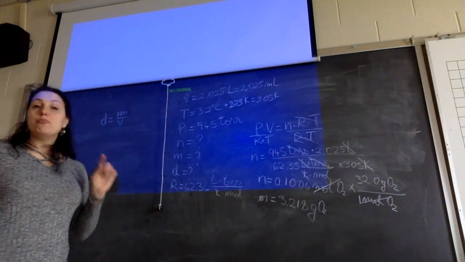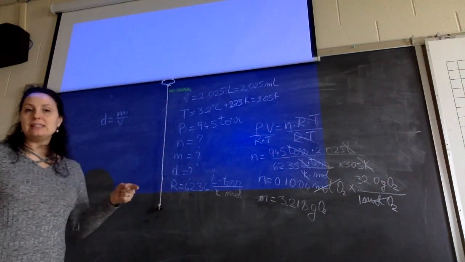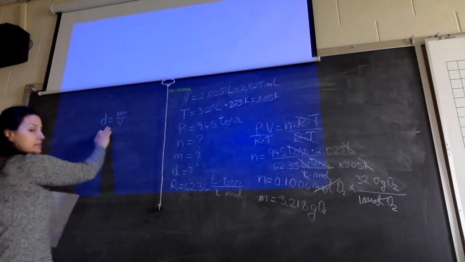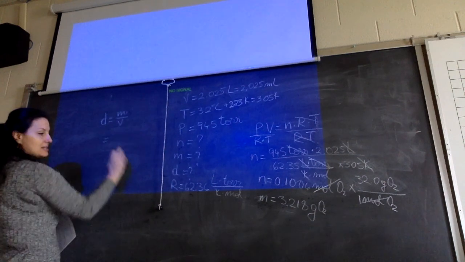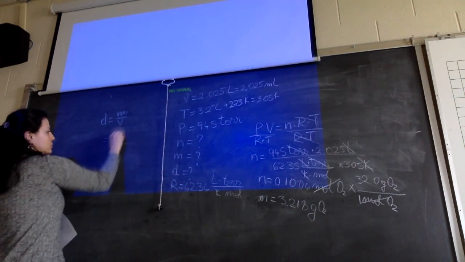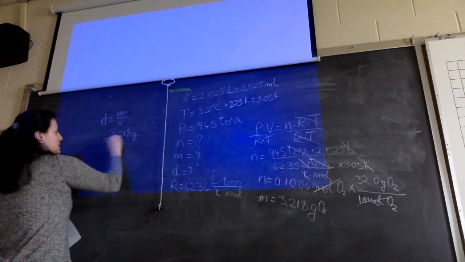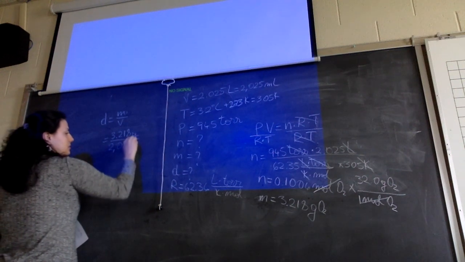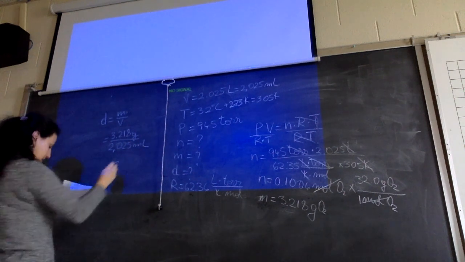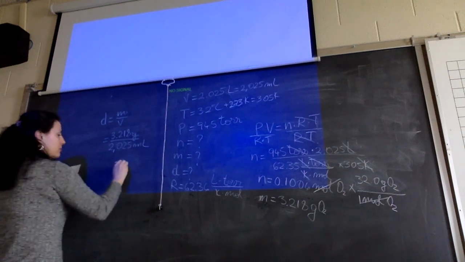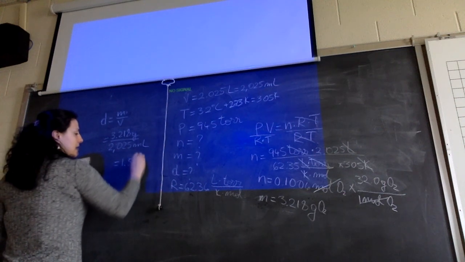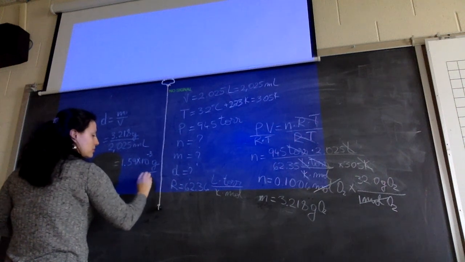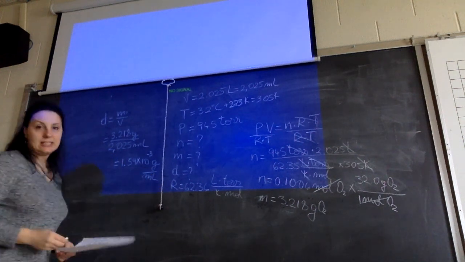Okay, now I have both. I have the mass and the volume, so I can calculate my density. My mass is equal to 3.218 grams divided by 2,025 milliliters, and this gives me 1.59 times 10 to the minus 3 grams per milliliter for the density.